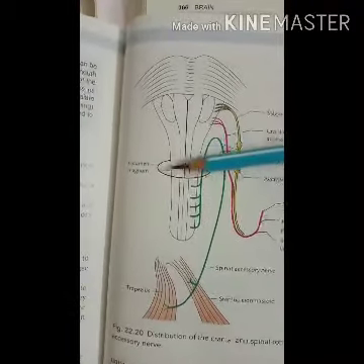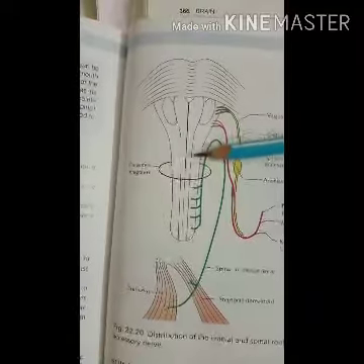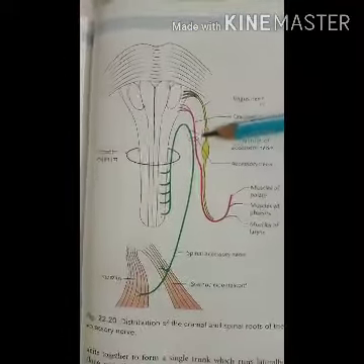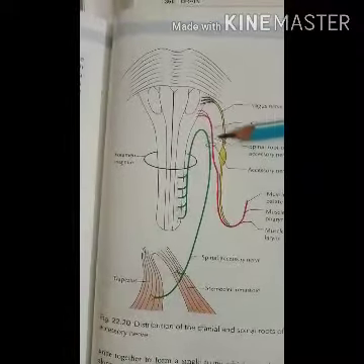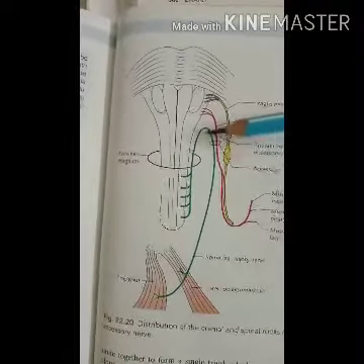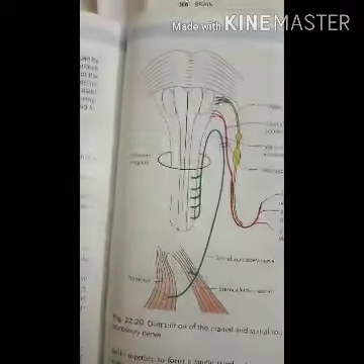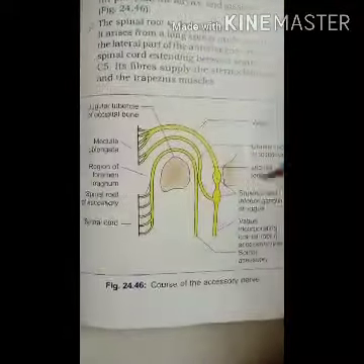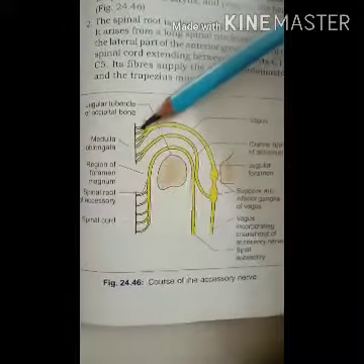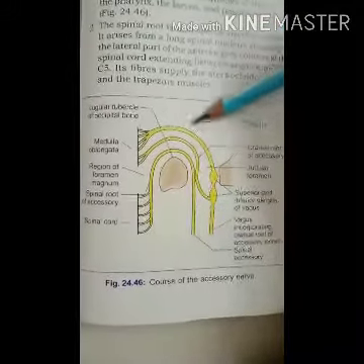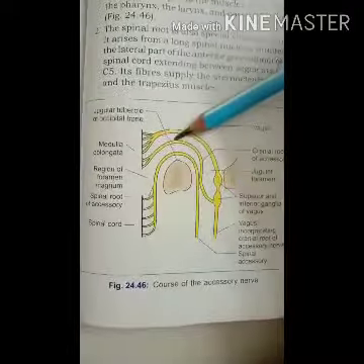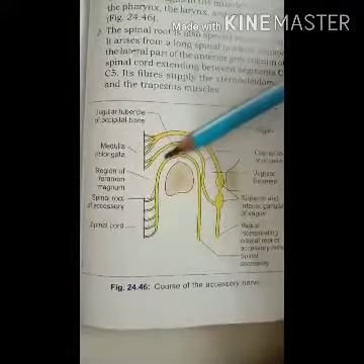Then it leaves the skull through the jugular foramen. Here is the jugular foramen. It includes the dural sheath along with the vagus nerve. In this diagram, this is the vagus nerve, this is the cranial root, and this is the spinal root.